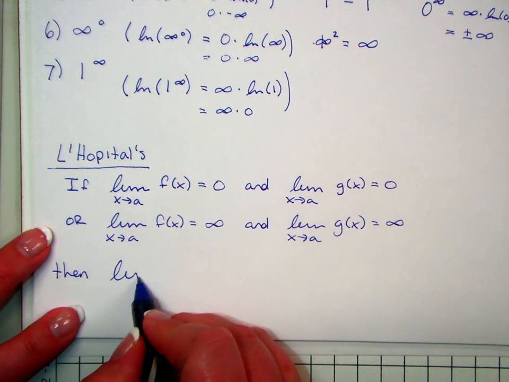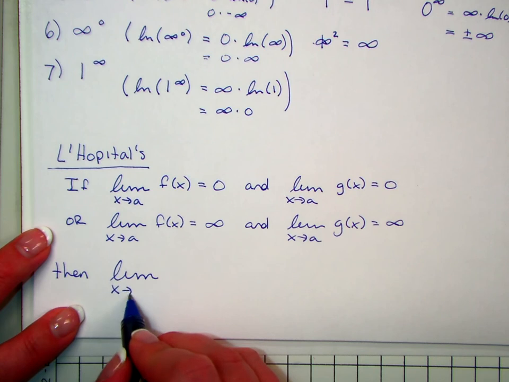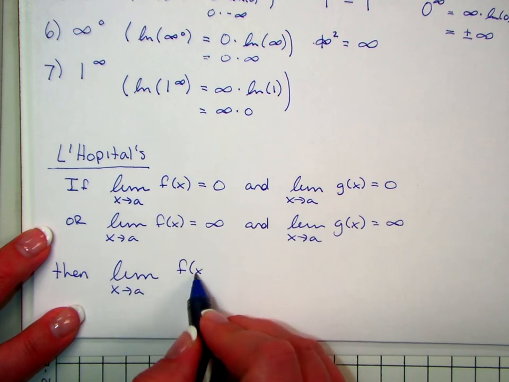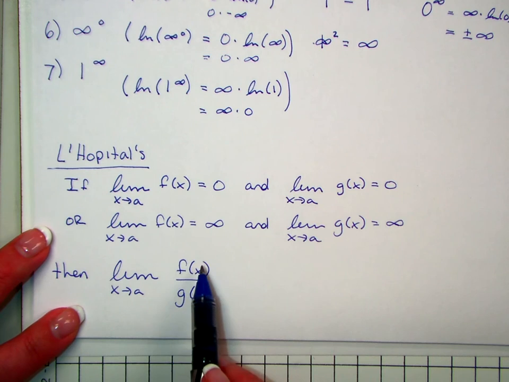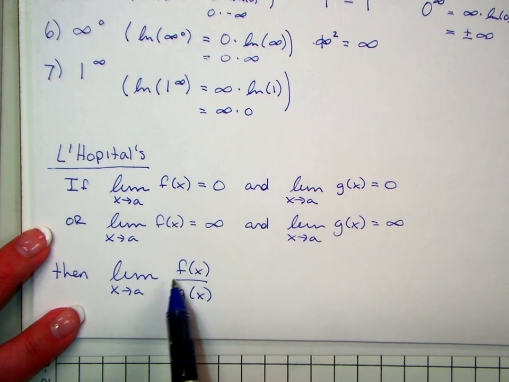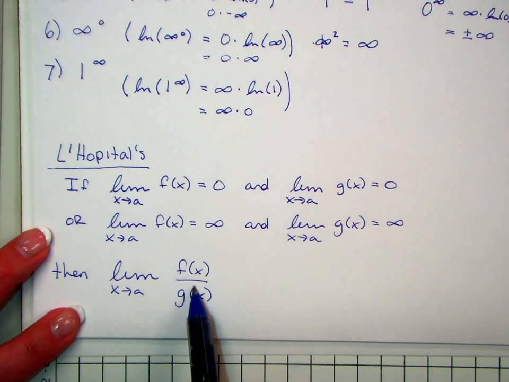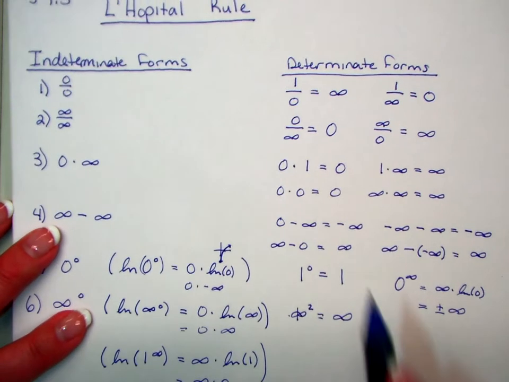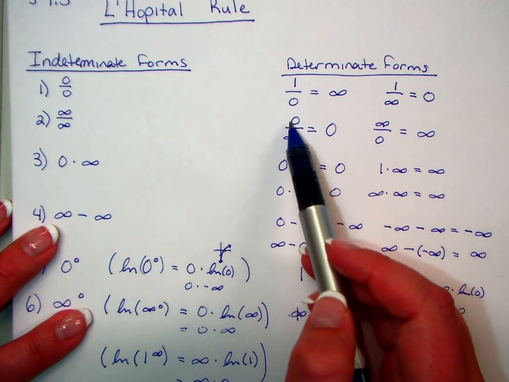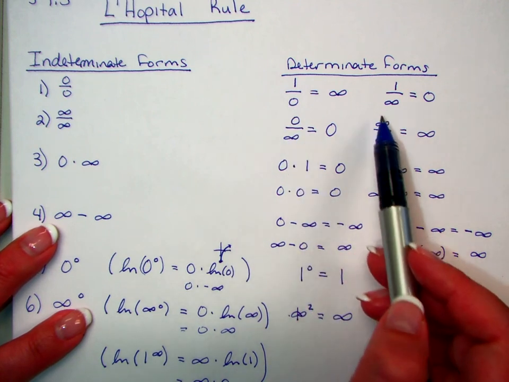the limit as x approaches a of f of x over g of x. We're going to look at this function here, and we're going to do the limit of the top and the limit of the bottom. And if both the top and the bottom go to 0, or if both go to infinity, we have an indeterminate form. If the top and the bottom form one of these determinate forms, we don't use L'Hopital's rule.